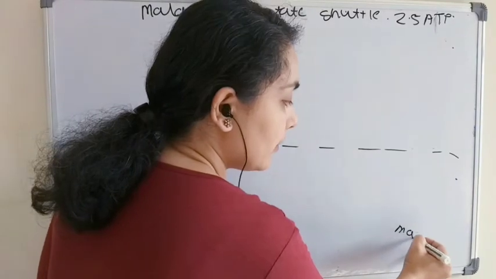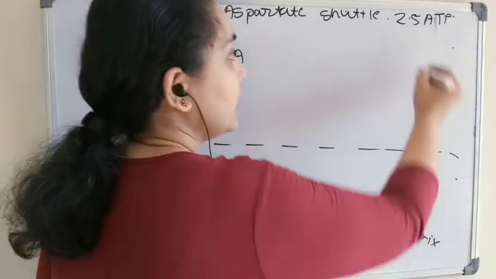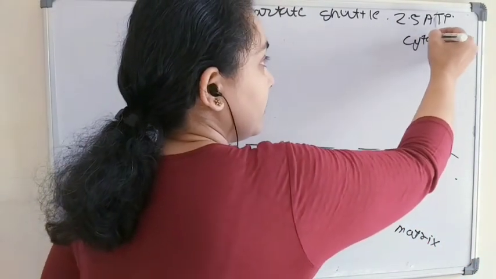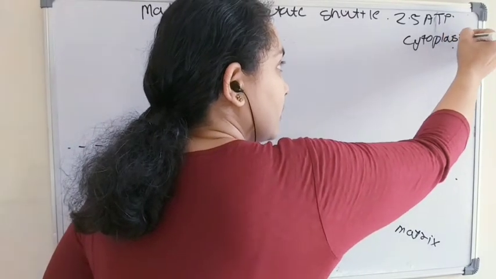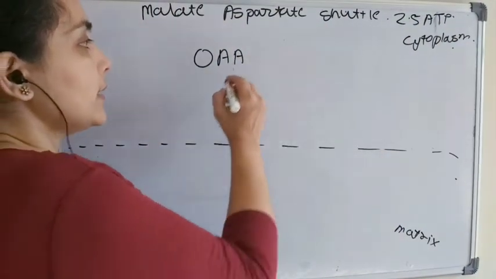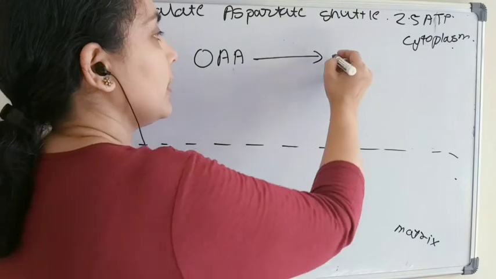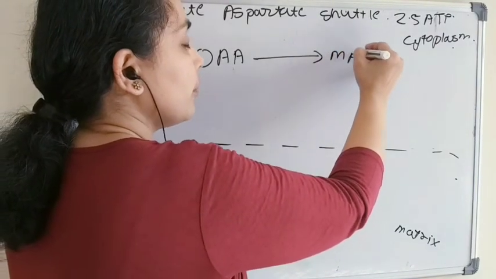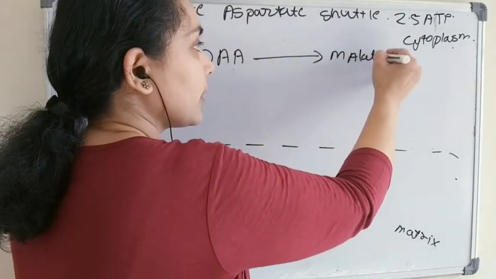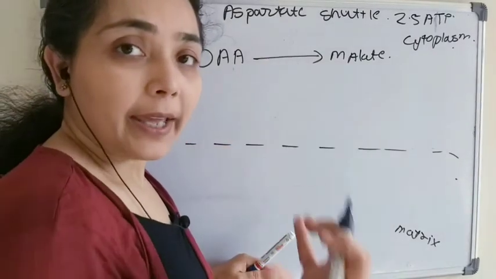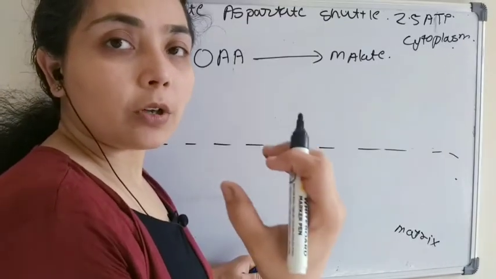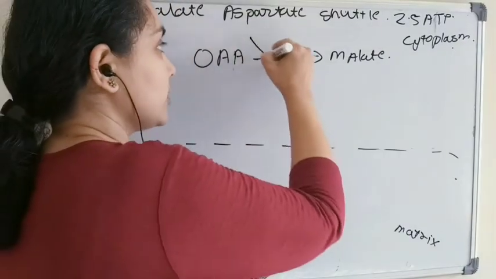So this is the matrix region and this is the cytoplasm of the cell. Okay, oxaloacetic acid will convert to malate. How? It will accept the electrons and protons from NADH.